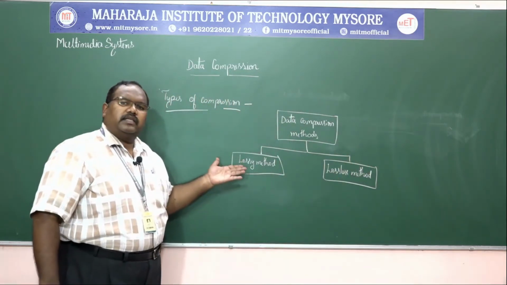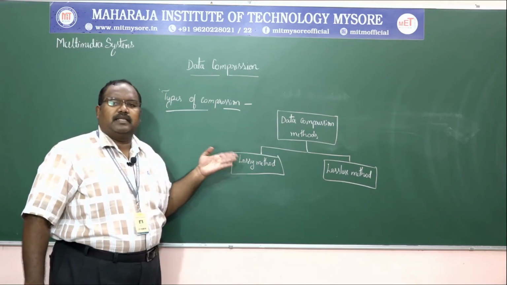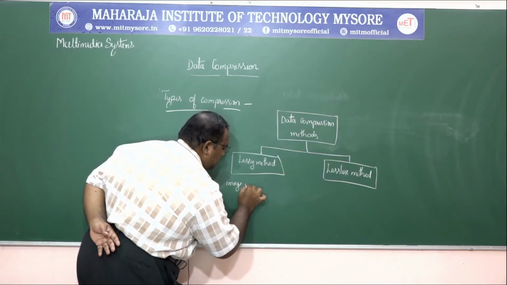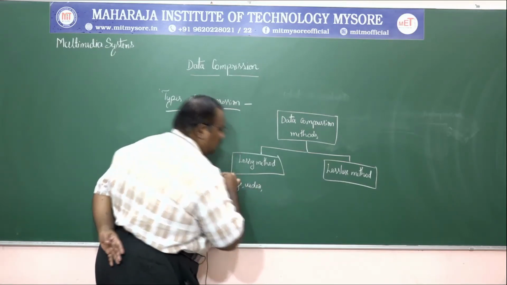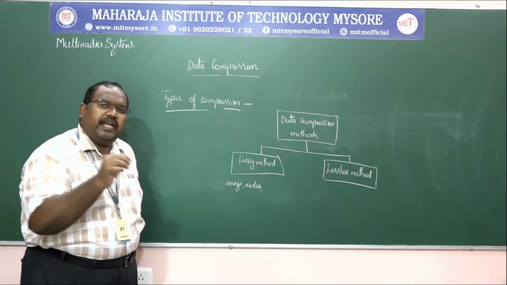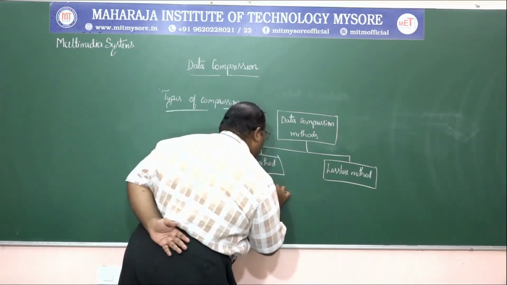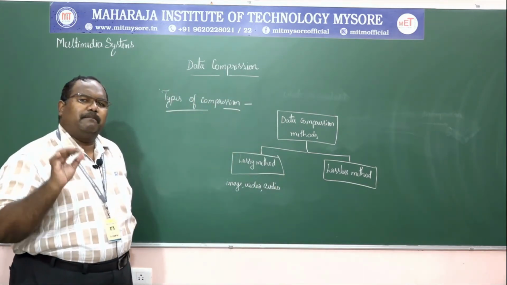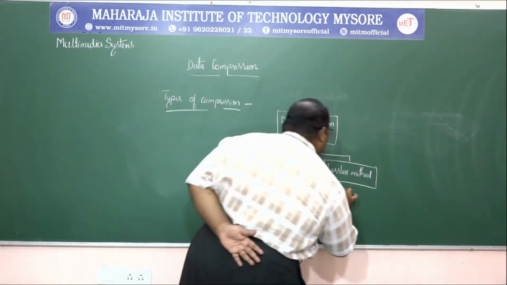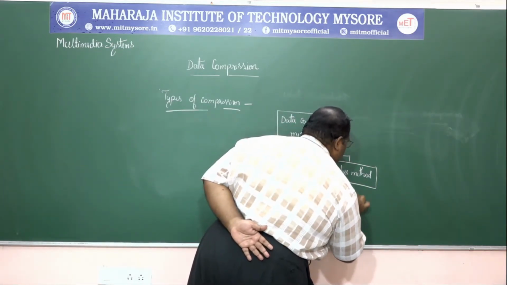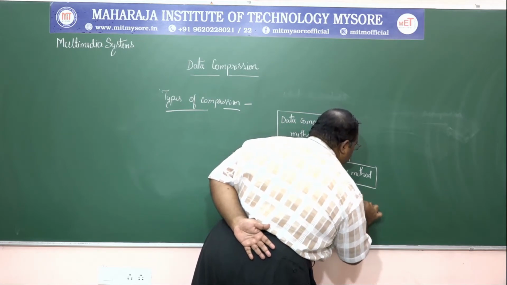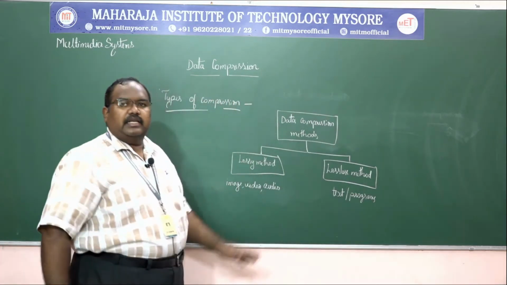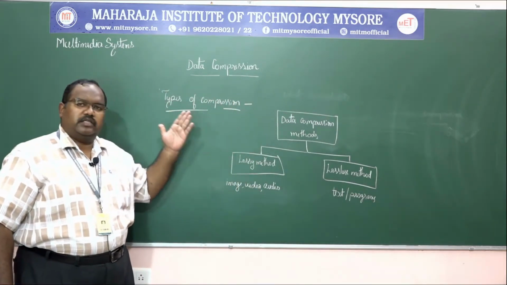The things that come under lossy methods are image, video, data, and to some extent audio. Whereas the lossless method mainly covers two things: text or programs. Now these are the two categories. Let us go through the lossy and lossless methods.